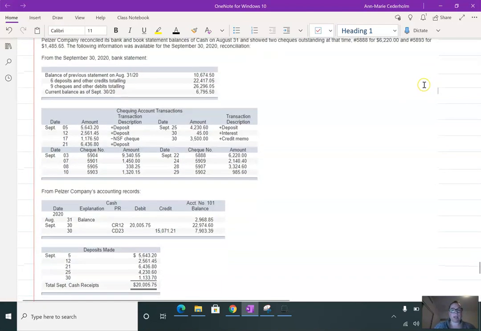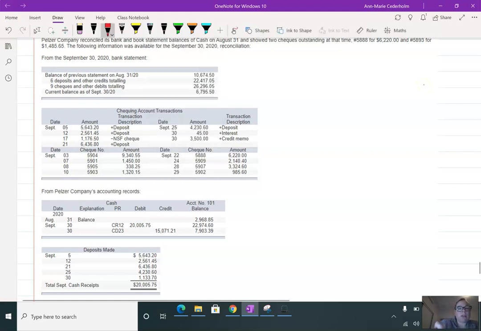So in this case, we're doing a bank reconciliation for September 30th, 2020. If I look at my bank statement, it says my current balance as of September 30th, 2020 is $6795.50. So that's the first number that I'm going to put onto my reconciliation.